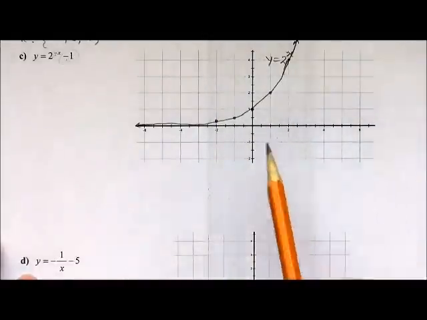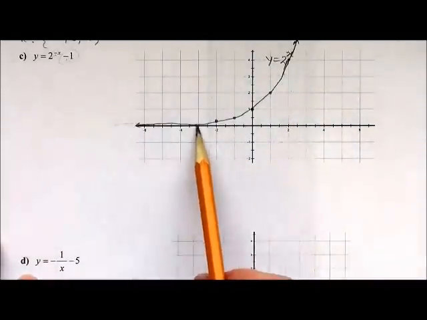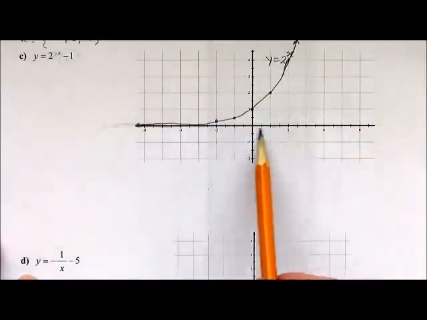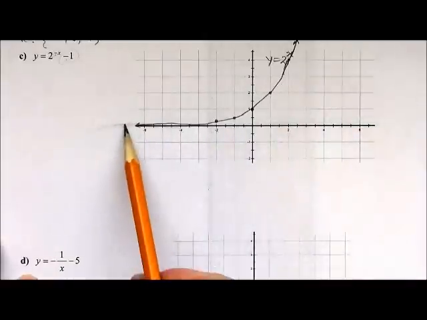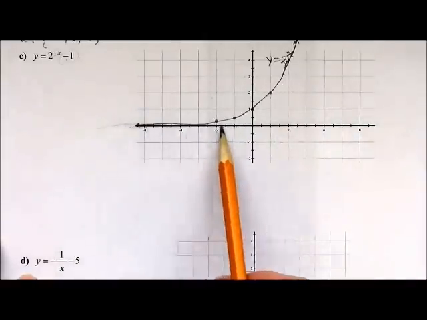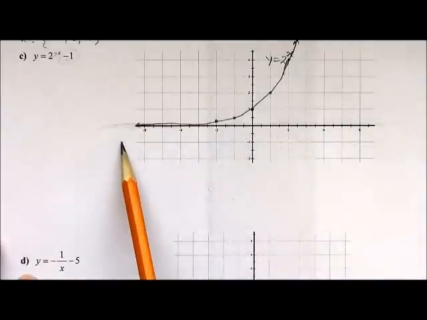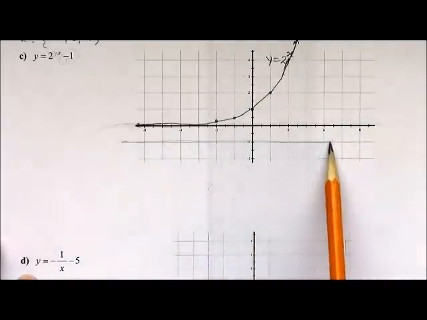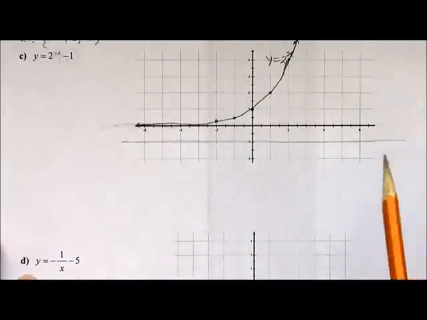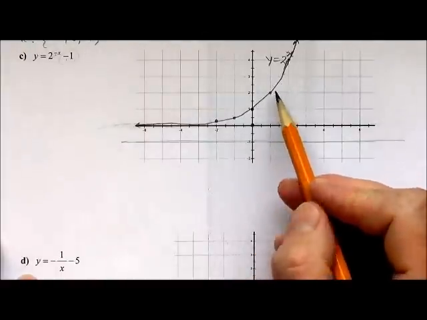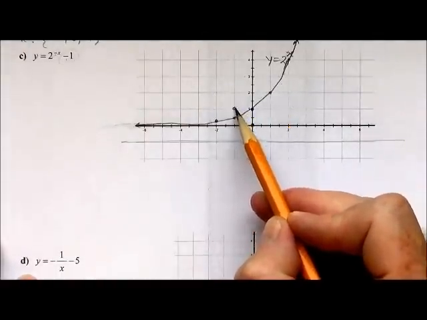So basically, this line here, what's that called in terms of exponential functions? I know it's the x-axis, but in this case, for the parent function, it's the horizontal asymptote. That horizontal asymptote moves down to negative 1, and all these other values get moved down and reversed. So this one comes over here and down 1.